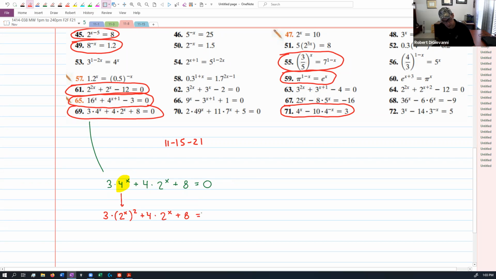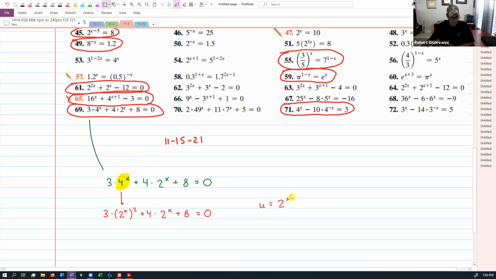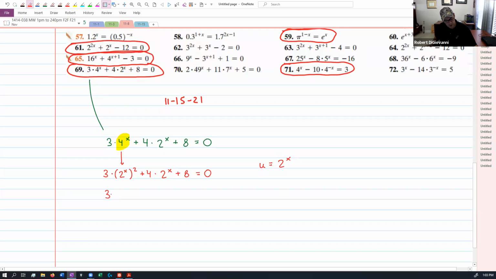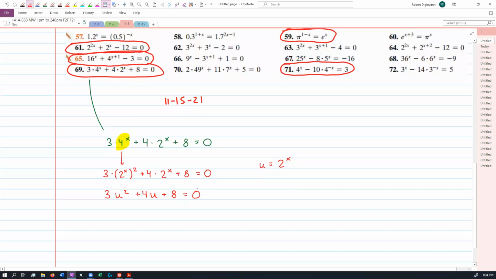Good. So what we're trying to do is turn it into a quadratic, that way it looks quadratic to us. So we replace 2 raised to the x with u. And then you have this quadratic, it should be 3u squared plus 4u plus 8 equals 0, right? Yes.